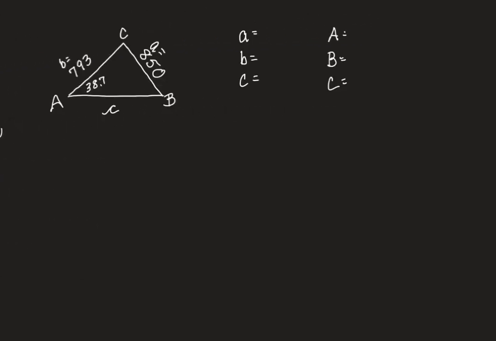So let's take a look at this triangle with side A is 850, side B is 793, and angle A, which is opposite side A, is 38.7 degrees.